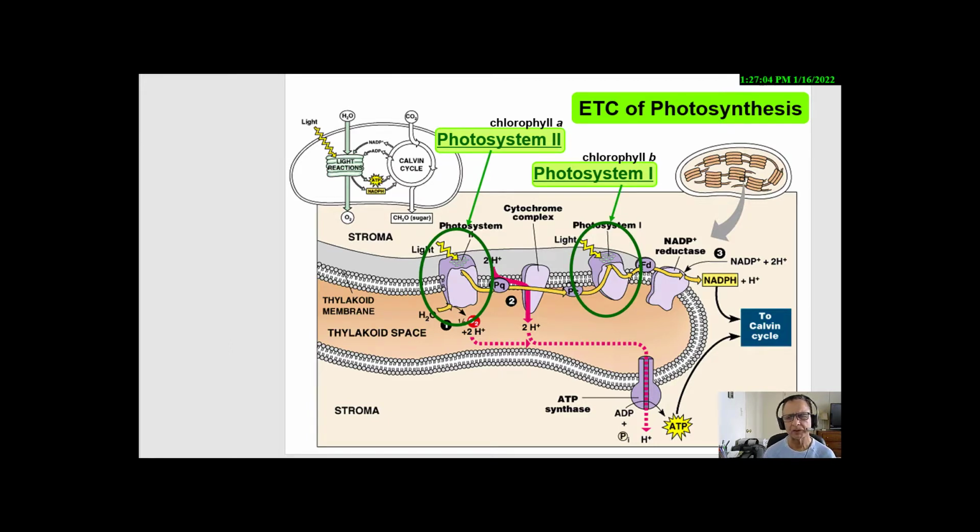Because their gradient is higher in the thylakoid space, they pass through a special enzyme known as ATP synthase, and as a result, the ADP molecules inside the stroma are converted into ATP by combining with phosphate. So ADP gets phosphorylated and turns into ATP. That ATP is then used to fuel the Calvin cycle.